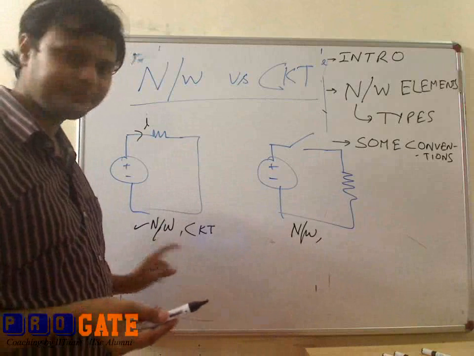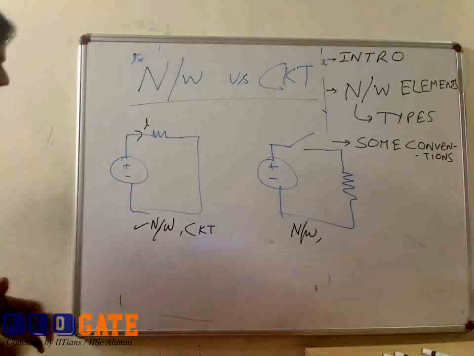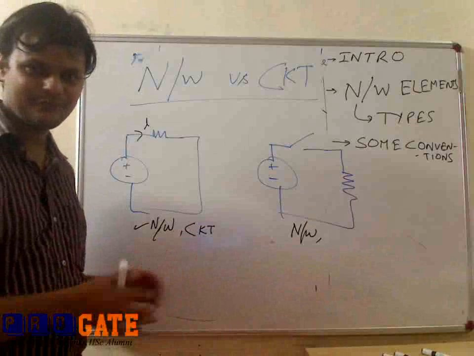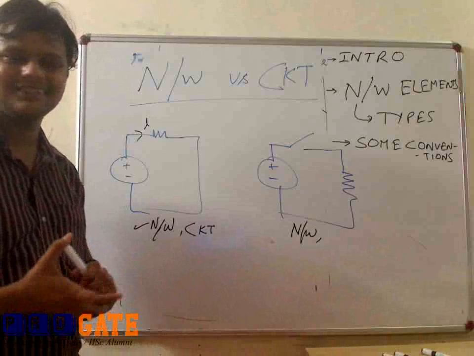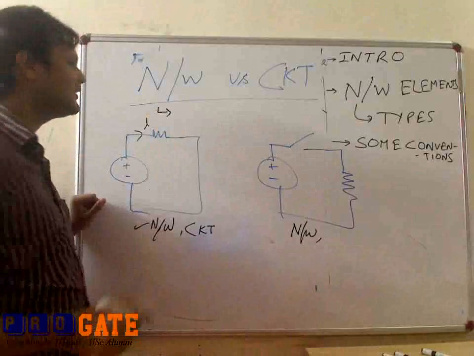So these are the networks. So one can say that all circuits are networks, but all networks are not circuits. So this statement I will write.